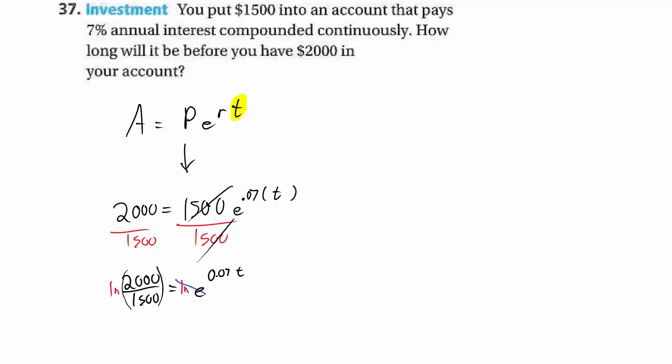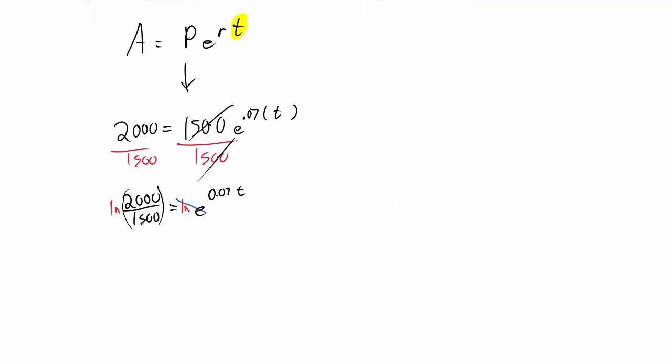And if I rewrite this, the natural log of this quotient is equal to 0.07 times t. Since we did the natural log of that side, the exponent kind of drops down. We're using the power property here. You can see it got brought in front, and this became natural log of e, which is 1.